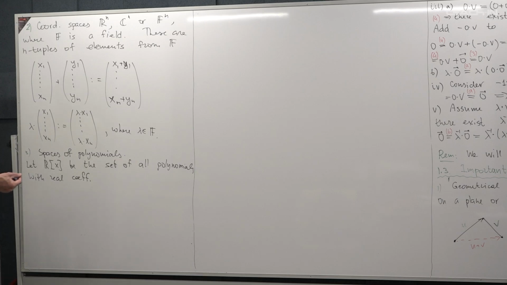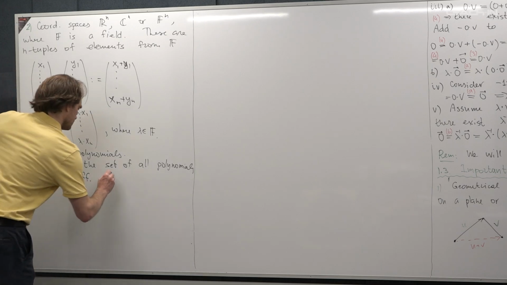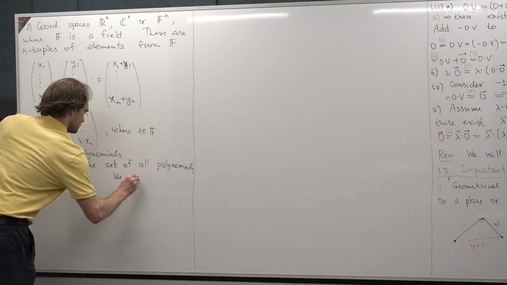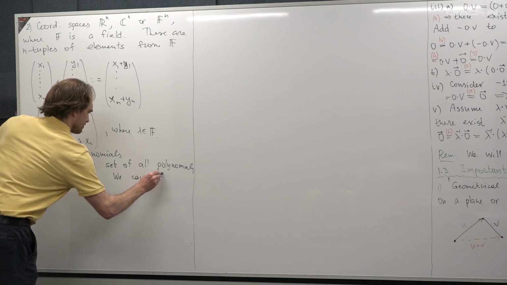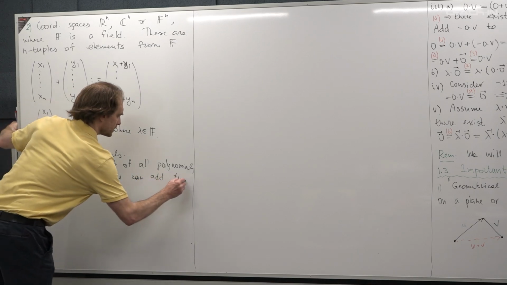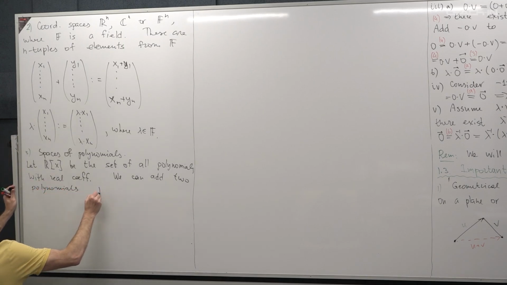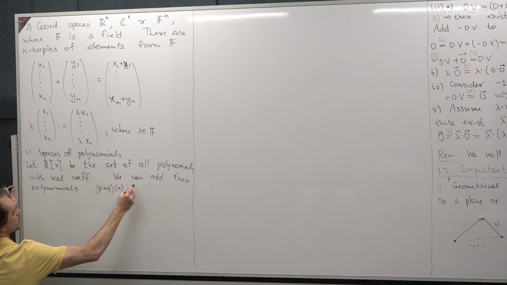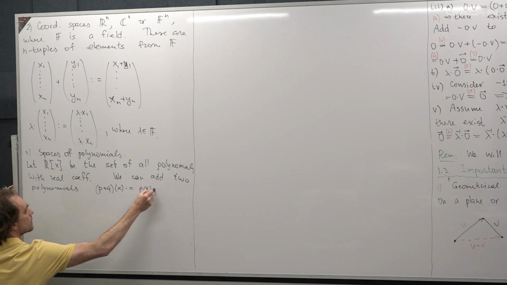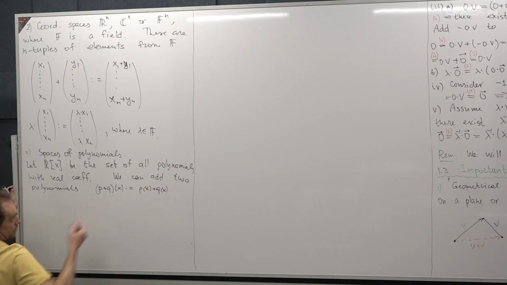And so we can add two polynomials: p plus q of x by definition is just p of x plus q of x, and we will also get a polynomial.